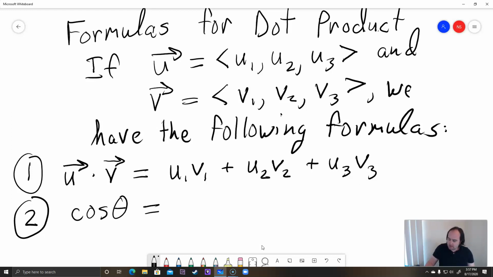Cosine of theta equals u dot v, all over the length of u times the length of v.